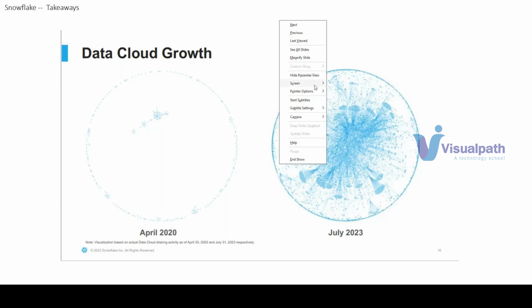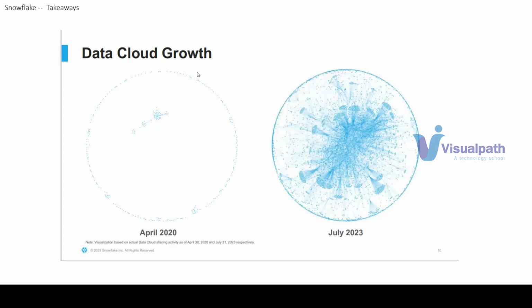What I'm saying here is, when we started in 2020, we had a few customers storing data in Snowflake, but now the growth is enormous. That's the reason so many students and people from different platforms and technologies are trying to upgrade their skills in Snowflake to get better in their job positions.